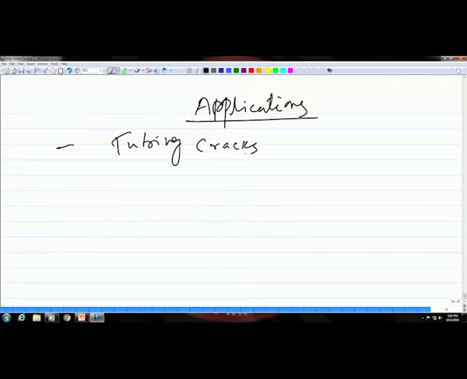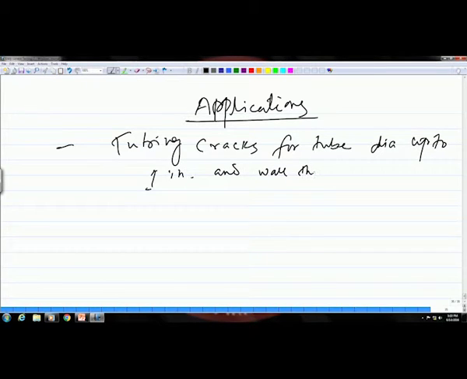So, tubing cracks for tube diameter up to 1 inch and wall thickness below 0.15 inch or 3 mm.